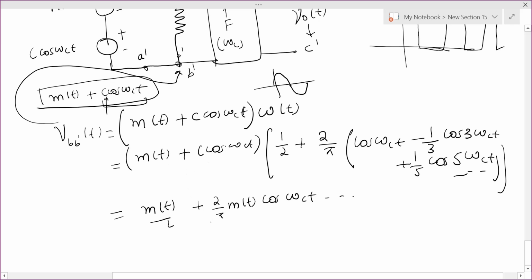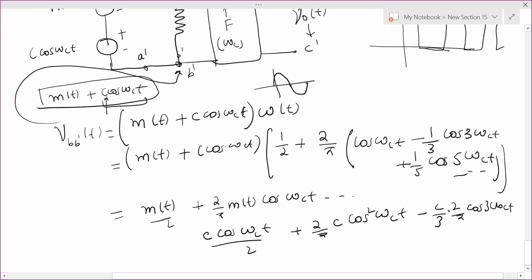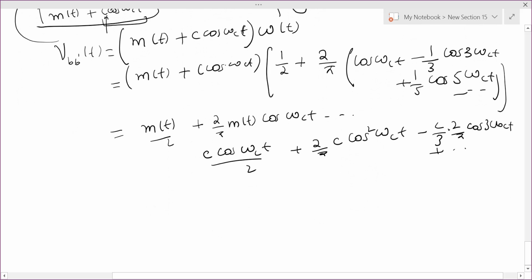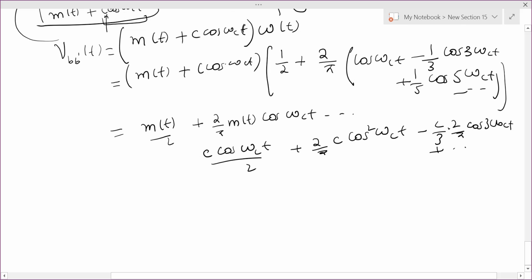The other part will be C cos omega c t by 2, right, plus 2 by pi C cos square omega c t minus C by 3 into 2 by pi cos 3 omega c t, and so forth. Now we are using a band pass filter.